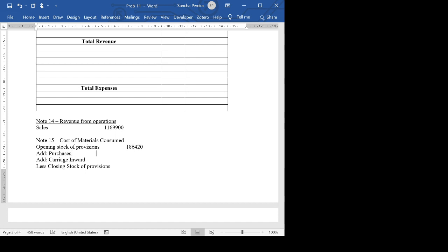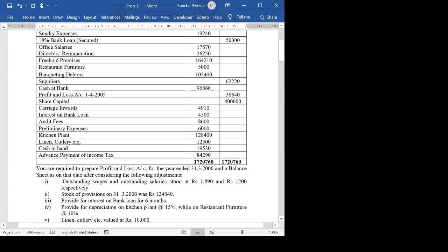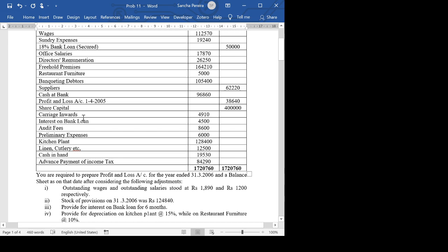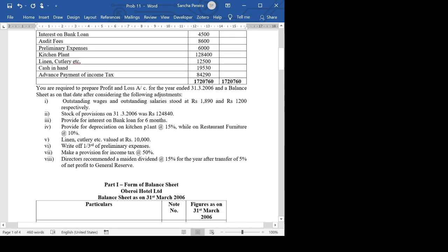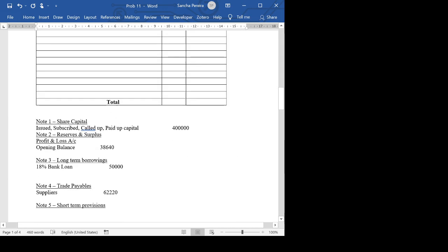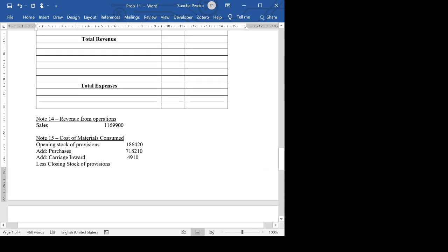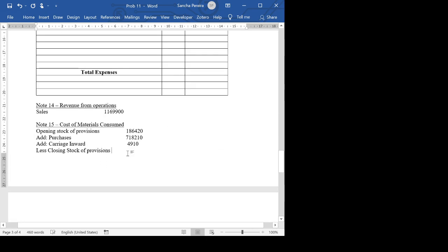Then we have purchases, which are 7,18,210. We also have carriage inward. The carriage inward is 4,910. Just check that. Carriage inward is 4,910, purchases were 7,18,210, and the closing stock is 124,840.